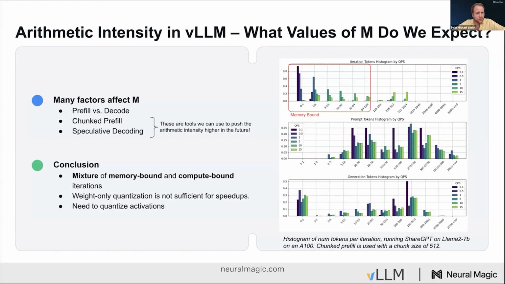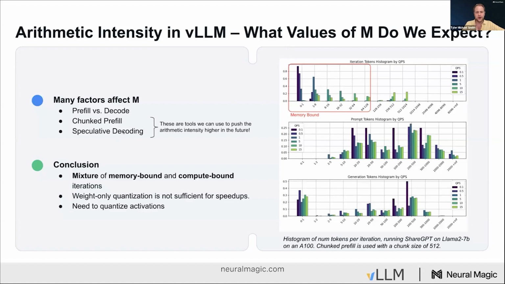Decode, especially at small batch size, will have one token at batch size 1. Other things that affect this are chunked prefill. If you break up the prefills and mix them with decodes, then you shift from some very long prefills to more medium-sized prefills and fewer really small-M decodes.